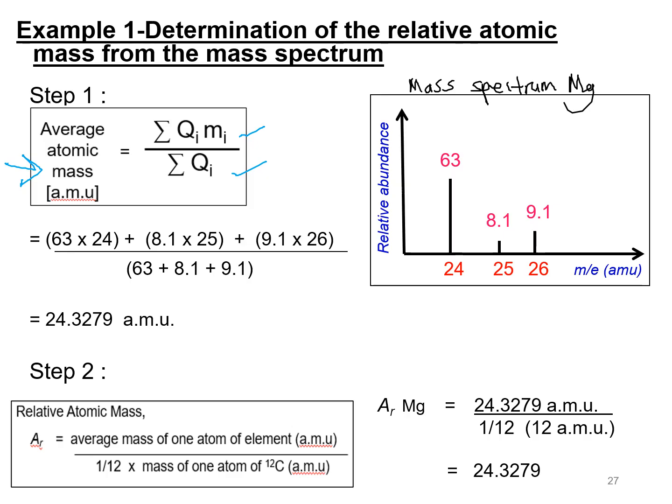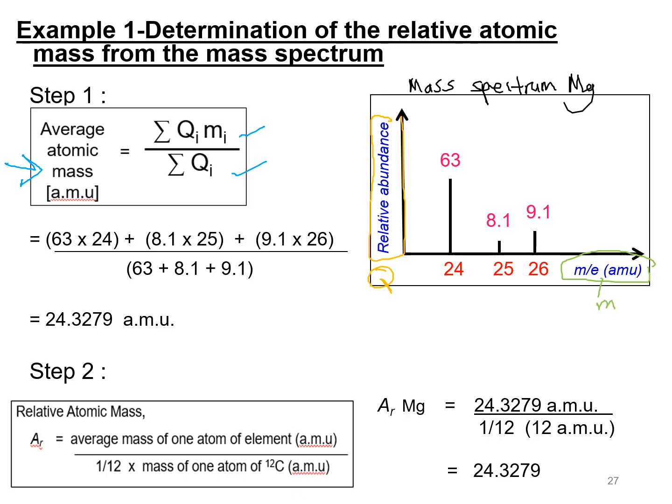Okay, kalau you tengok dekat mass spectrum ni, is quite direct tau. Sebab dia dah bagi dah information for relative abundance. Relative abundance ni, inilah dia, Q. Lepas tu, M mass ni, inilah dia isotopic mass ataupun mass. Okay.